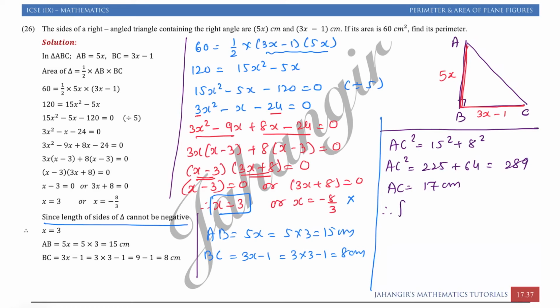Therefore perimeter of triangle is equal to AB, that is 15 centimeter, plus BC, that is 8 centimeter, plus 17 centimeter. So adding up all, you will get 17 plus 8, 25, 30, 40. They are equal to 40 centimeter.